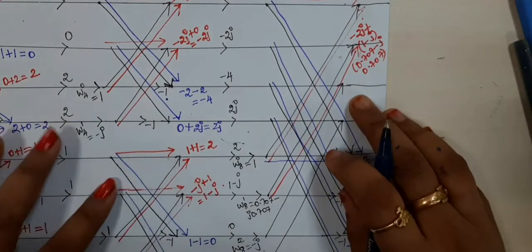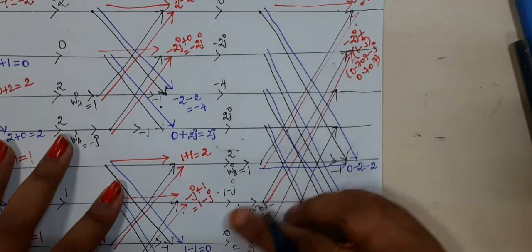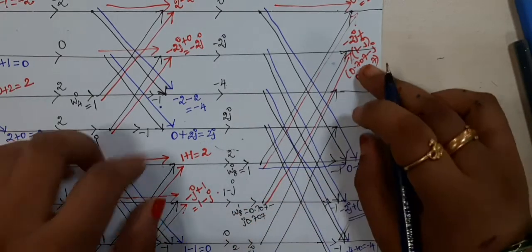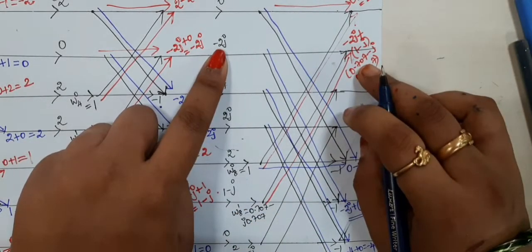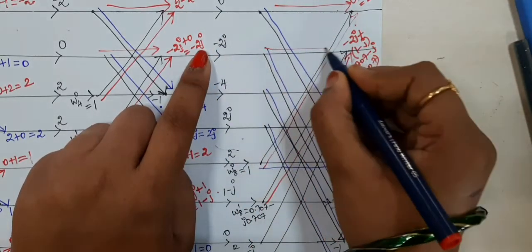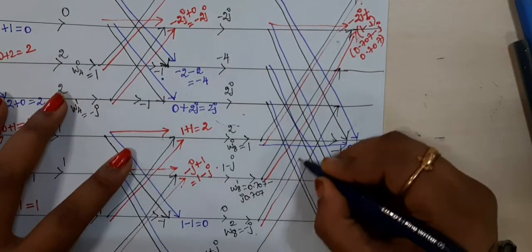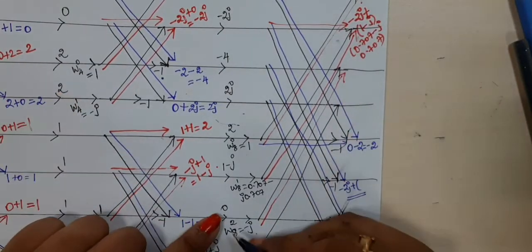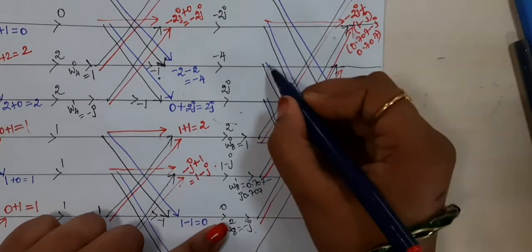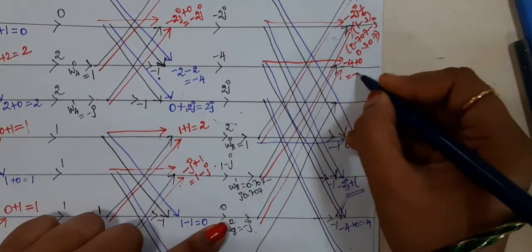Here the mistake people usually make is that they just multiply this and then multiply with this. You should not do like this. It should be added or subtracted with this value. Keep that in mind. Another up arrow value: 0 into something will be 0, and another value will be -4, so -4 plus 0 will be -4.